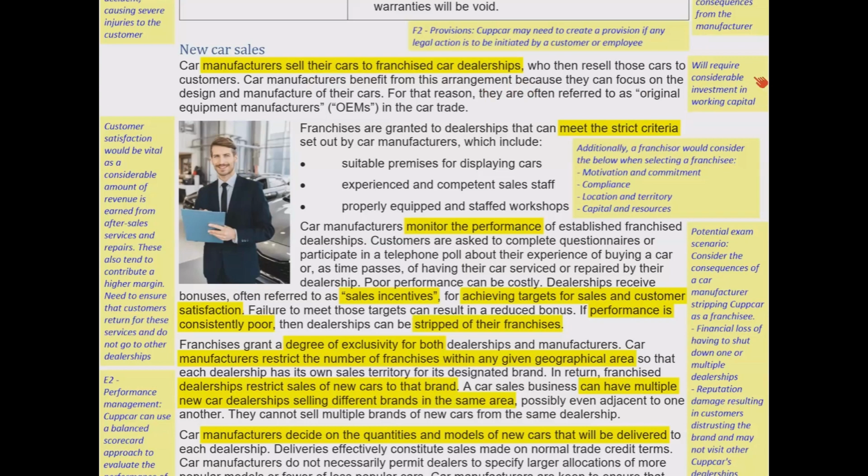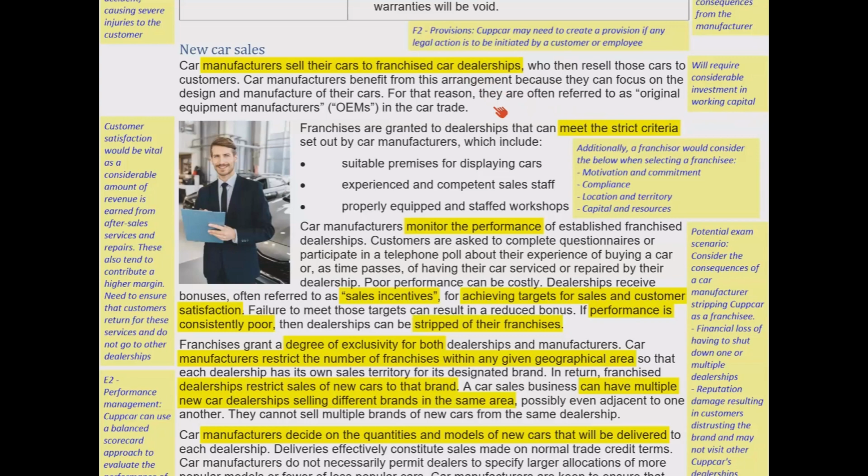Pointing out here to you, where my little hand is pointing, obviously there is going to be a big investment in working capital in having the level of inventory of new cars to suit the needs of the customer. And just a point to think about there, across the whole of Welland and 214 different dealerships, it's going to be important to make sure that the inventory at each dealership meets the needs of the local marketplace.